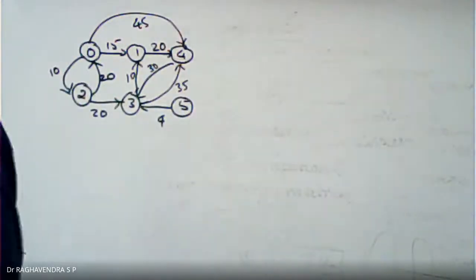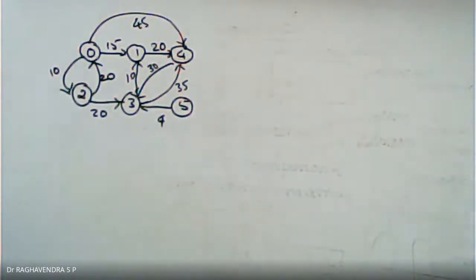So this is the graph, and the adjacency matrix is also like this.